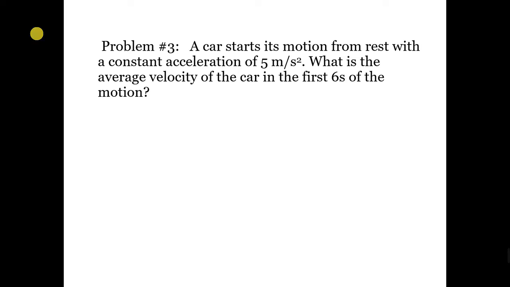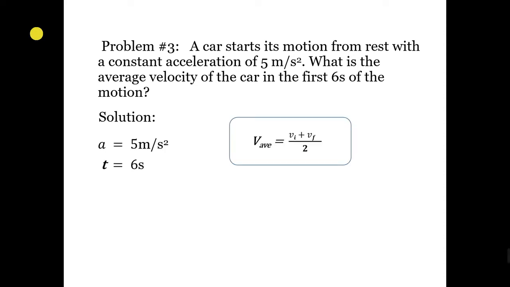A car starts its motion from rest and a constant acceleration of 5 meters per second squared. Now the question is, what is the average velocity of the car in the first 6 seconds of the motion? The given values are the acceleration, which is equal to 5 meters per second squared, with a time of 6 seconds.